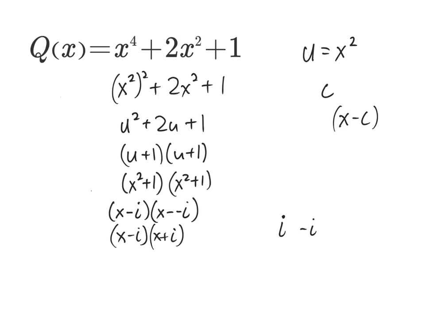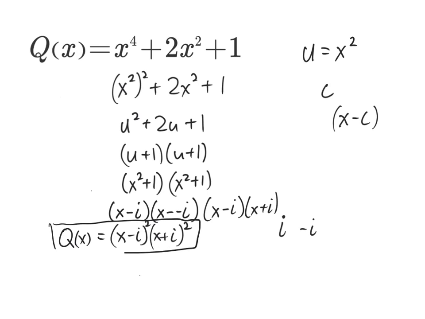Now, this will factor out to be the same exact thing since it's the same as this, so it'll factor out to be x minus i and x plus i. And if you notice, we have two x minus i's and two x plus i's. So it'll be x minus i squared and x plus i squared. So my polynomial factors out to be q of x equals this. This is the factored form.